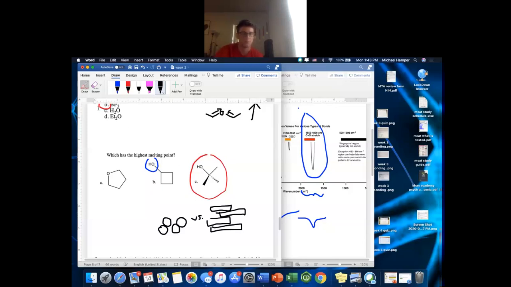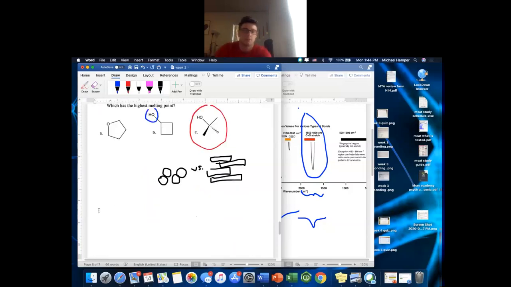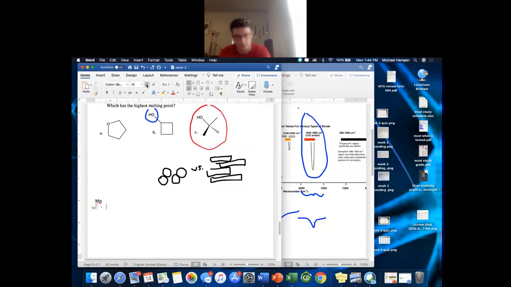So to break down more of the rationale, melting point: if you want a higher melting point, you want it to be more compact. You want it to be more sphere-like, so more 3D.